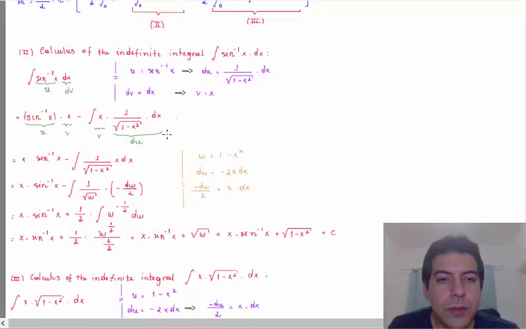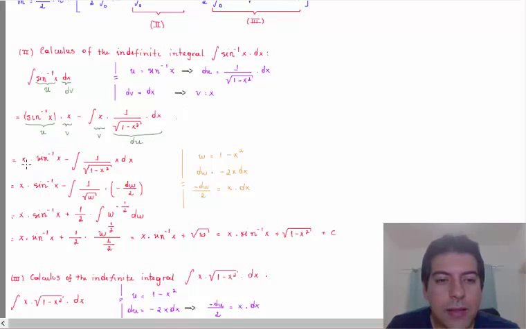So this integral, applying integration by parts, it's uv. So u is sine minus 1 of x times x, that's v, minus the integral of v du. v is x, and du is this term right here, that you can substitute here.